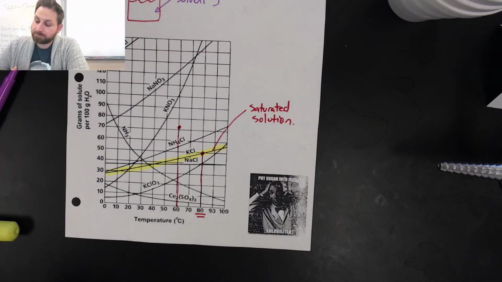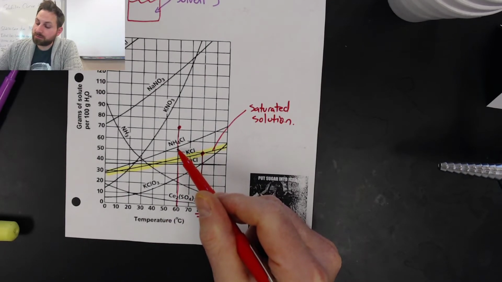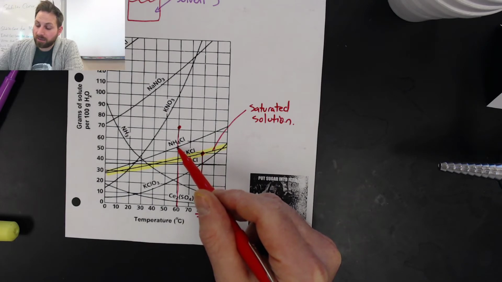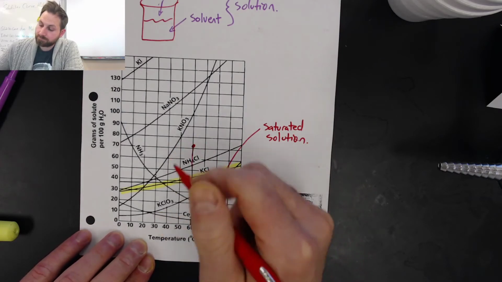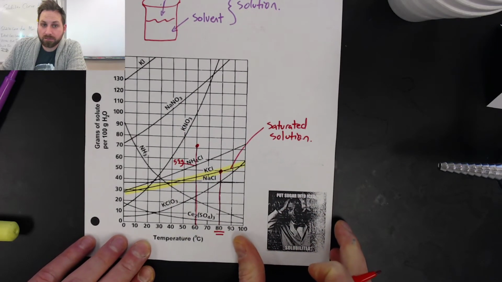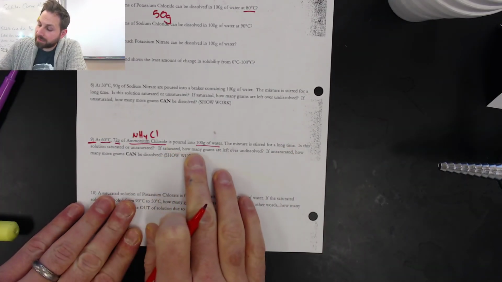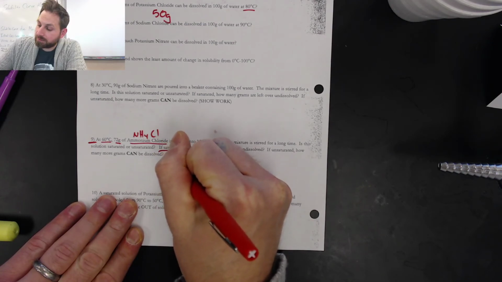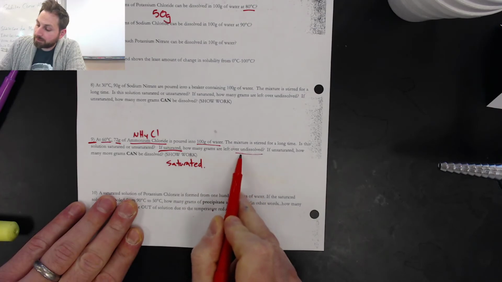So what does that mean? Remember, you can only dissolve as much solute as the line tells us. So we could dissolve about 55 grams of NH4Cl in 100 grams of water. What happens to the rest of it? If saturated, so we are making a saturated solution, it says how many grams are left over, undissolved.